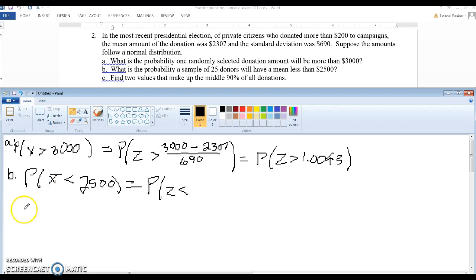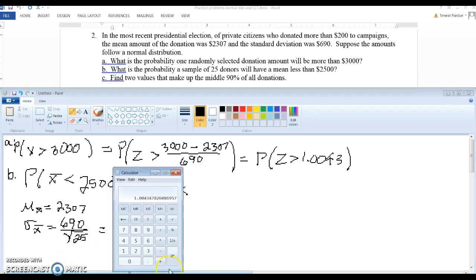So we said mu sub x bar is just what mu is, which is, in this case, 2307. And sigma sub x bar is sigma, which is 690, over the square root of the sample size, which is 25. So we've got 690 over the square root of 25, so 138.